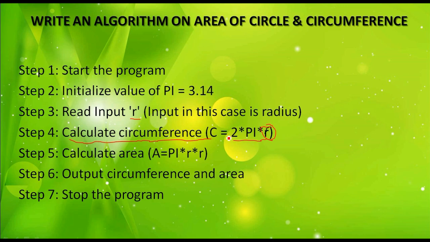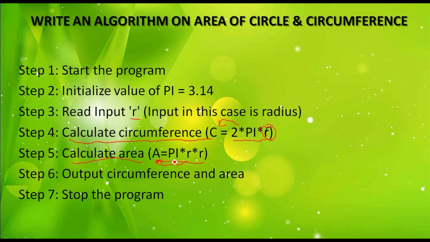So the processed value will be assigned to the variable c, and thereafter we need to calculate the area of the circle also. To calculate the area, we have a equals pi r square, so pi into r square. This is the formula we have in this C program. After this pi r square calculation, the calculated value is assigned to a variable.